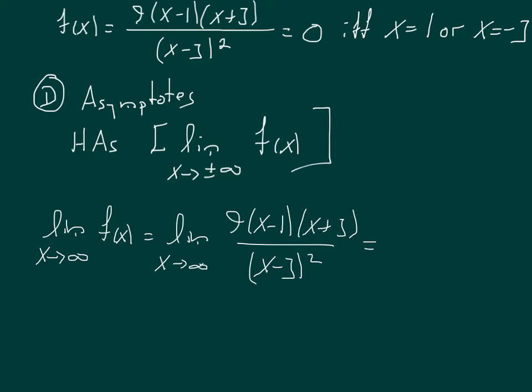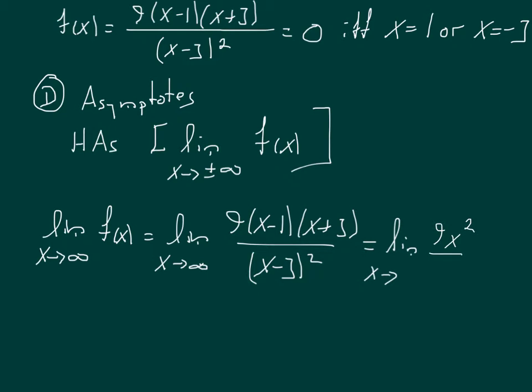All right, we're taking a limit at infinity. So remember that what we do is we just drop all lower powers of x in the numerator. What's the highest power of x that we're going to get in the numerator? It's going to be when we multiply these two highest powers of x here, and we'll end up with 9 times x squared. So in the numerator we'll have 9x squared.